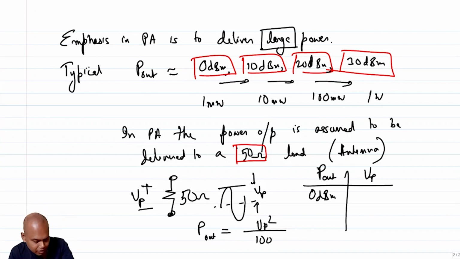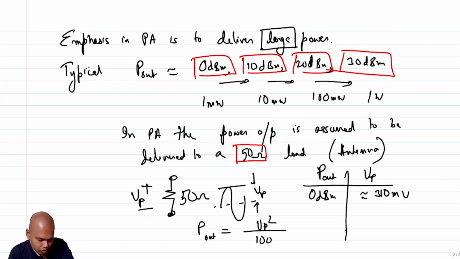So if we do the math, 0 dBm will be approximately equal to 310 millivolt. You can approximate 300 millivolt also if the calculation becomes tedious. So for a back of the hand calculation, you can approximate to 310 millivolt.